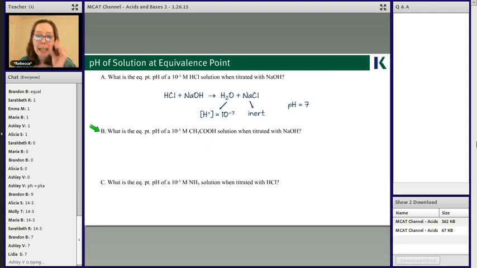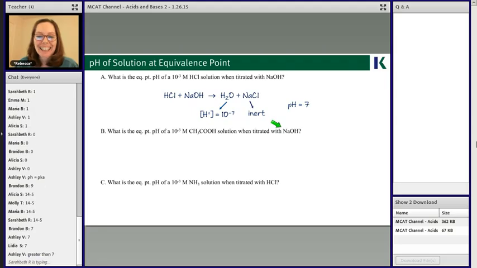Now we've got B, the equivalence point of our acetic acid titrated with a strong base. Ashley's already there. Excellent. Remember, we're combining acetic acid with sodium hydroxide. We're making some water and the sodium acetate salt. And the only thing we know is that that's inert.